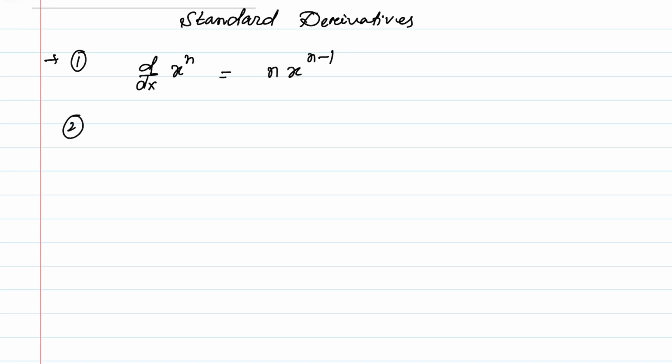Number 2, again here you see, let me take ddx of, or derivative of, e to the power x. This is exponential function. So differentiation of e to the power x is again e to the power x.